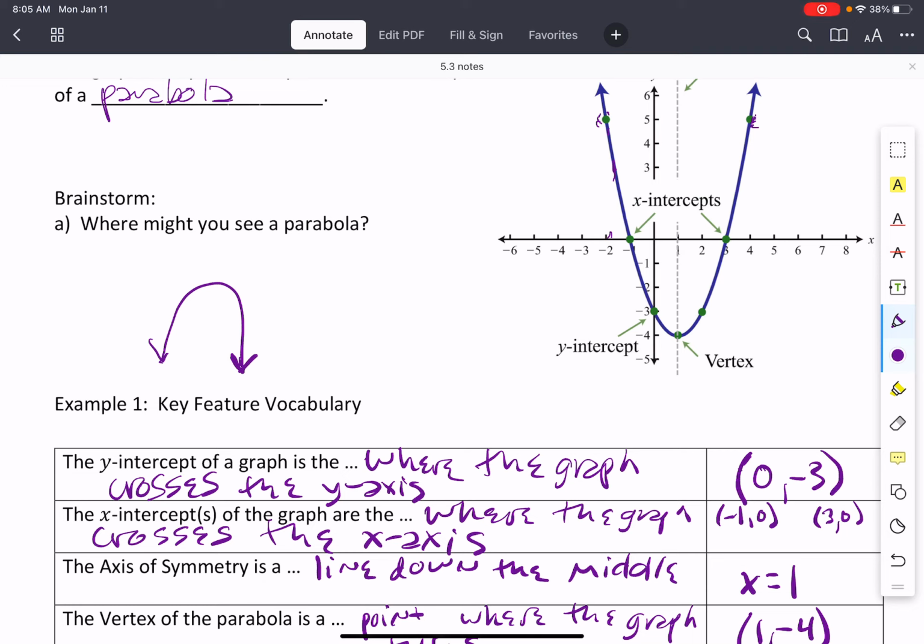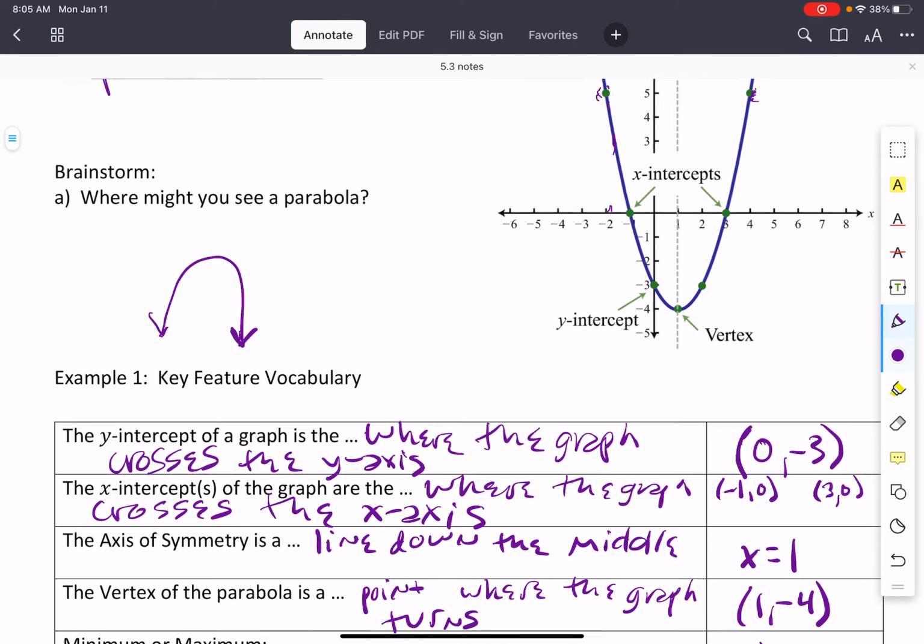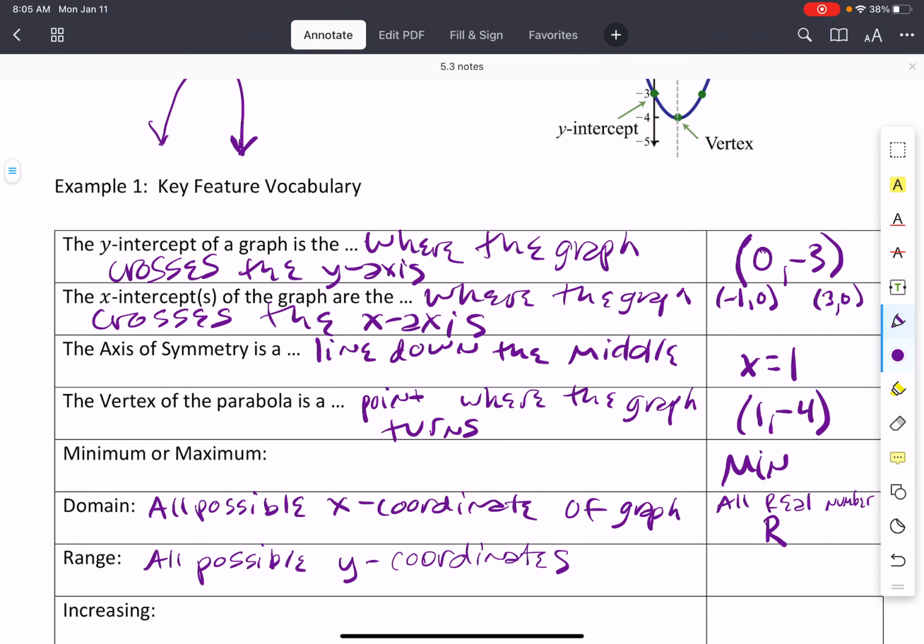Okay, do you guys remember the inequality signs? We have less than, greater than, less than or equal to, and greater than or equal to. Okay, we're going to use these for range. So I would say that my range is y has to be greater than or equal to, no, not 4.